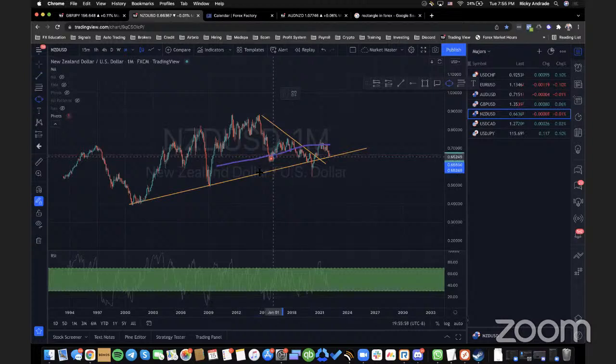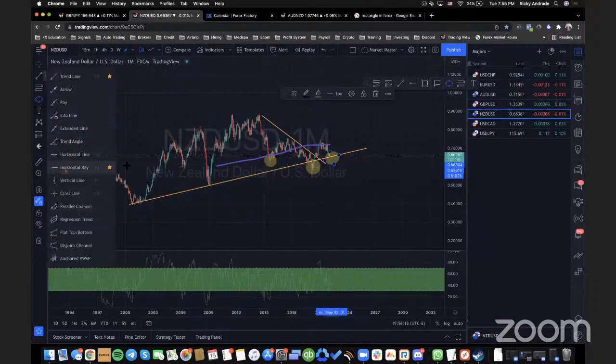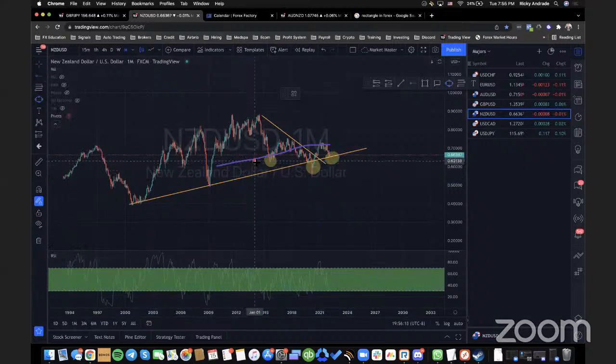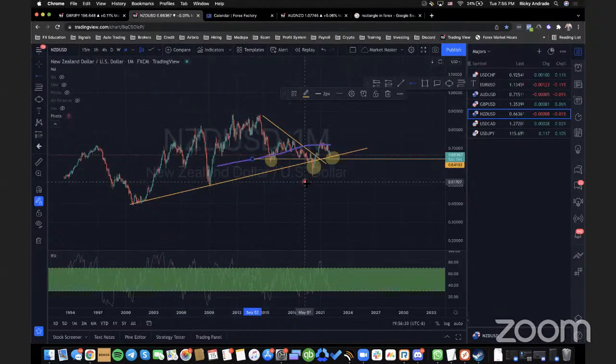I can see a bigger type of inverted head and shoulders here. And this right shoulder here is pretty much lined up with the left shoulder on this side. So it's in that area where it's hitting and most likely going to reject.